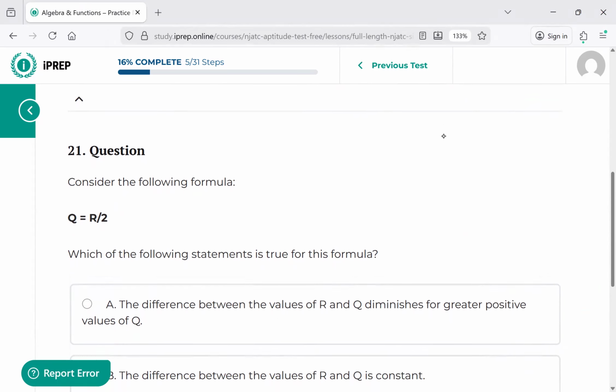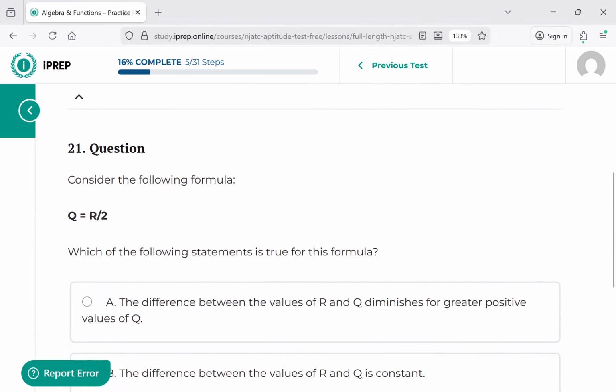Okay, 21. Consider the function q equals 1 over 2 r. I'm just going to write it as q equals one half r. So this is definitely a linear. You can also say, see how the r is on the top?